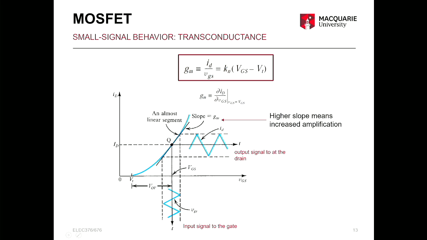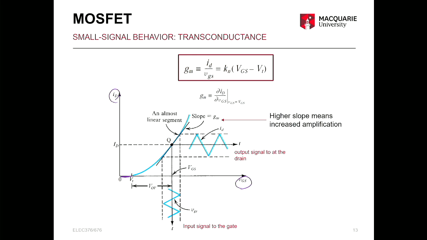Okay, so this is the transfer characteristics of the MOSFET, where you have VGS, which is the input on one side, and the drain current ID on the other side. So as you see, when you increase VGS from 0 to positive values, there is no drain current flowing because it is less than VT, the threshold voltage.